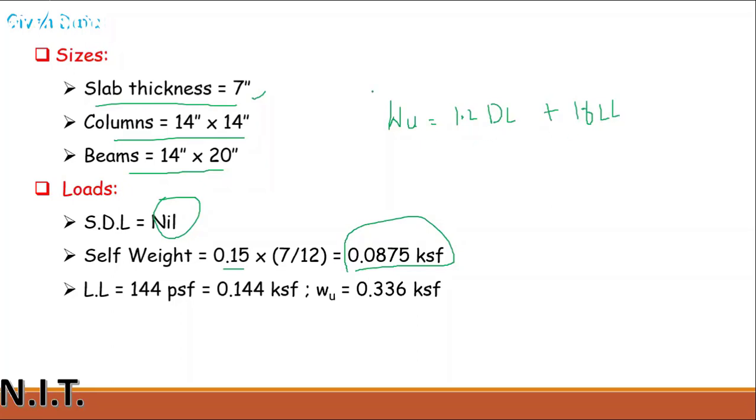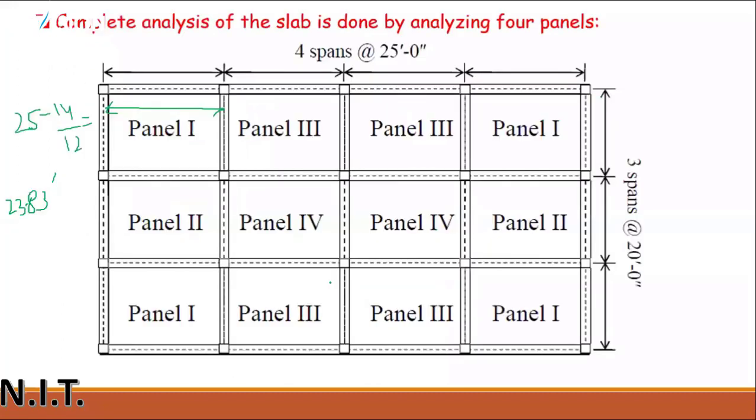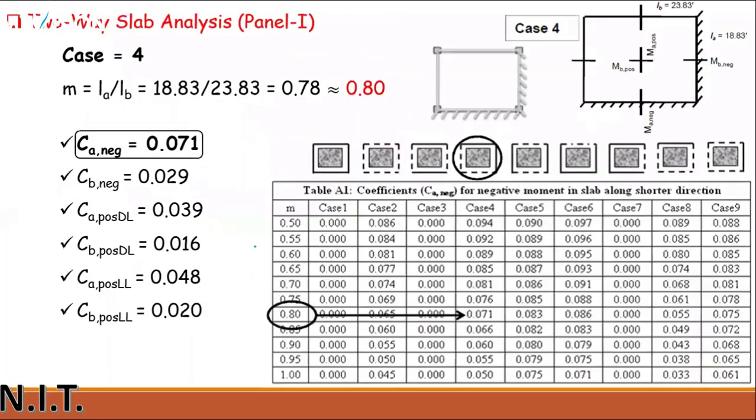So dead load is available, live load is also available. Put these values in this formula, you will get WU, meaning the factored load. So now you can calculate all the values of cases.